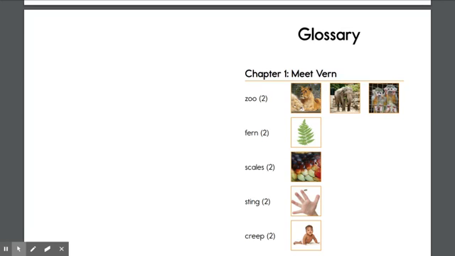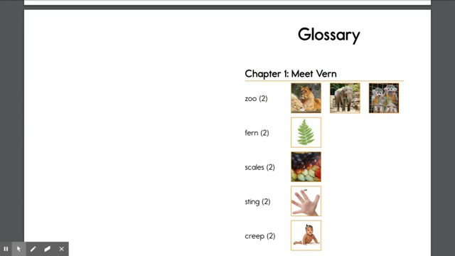Scales on page 2. I wonder what those scales are from. And the next one is sting, again on page 2. Ugh, there's a hornet stinging that little person on the finger. And our last one is creep. So creep and crawl, kind of like a little baby, which is why they have that there.